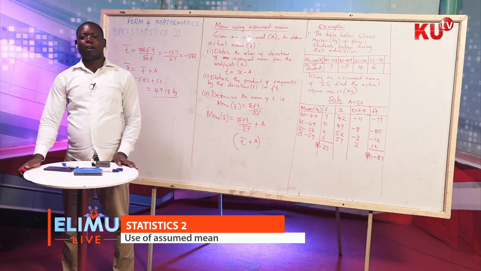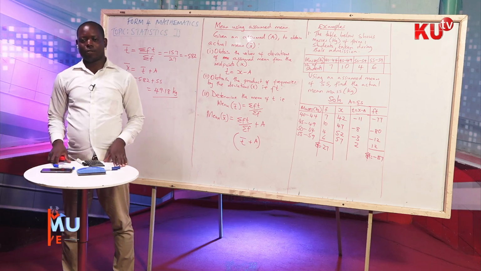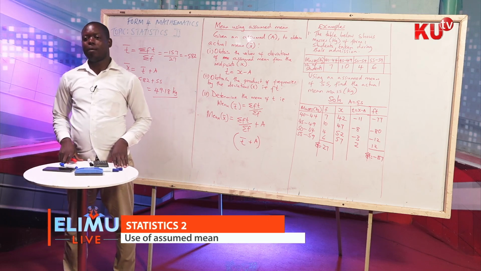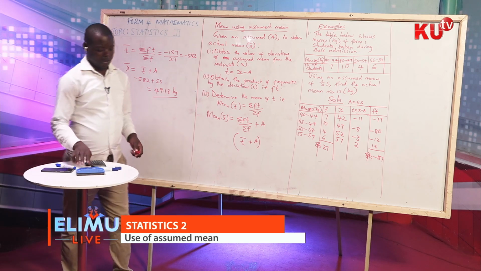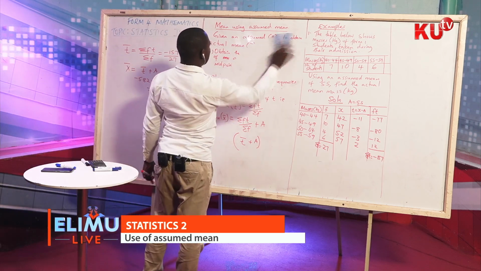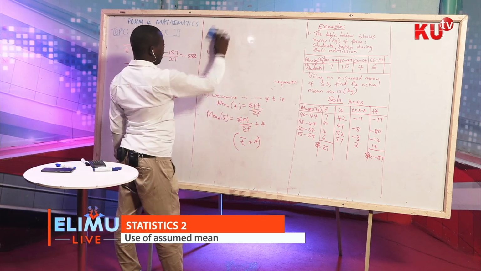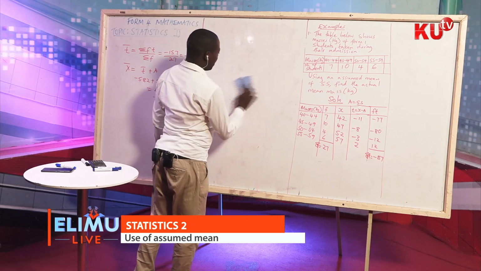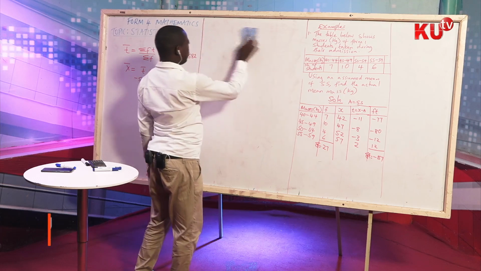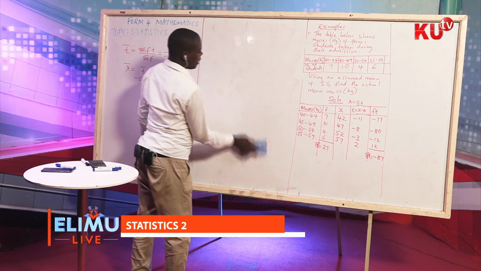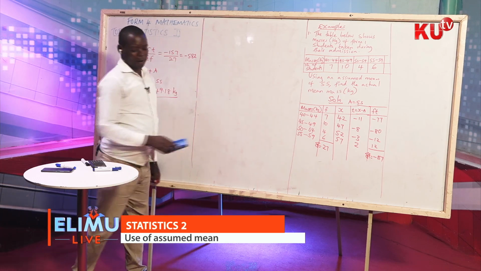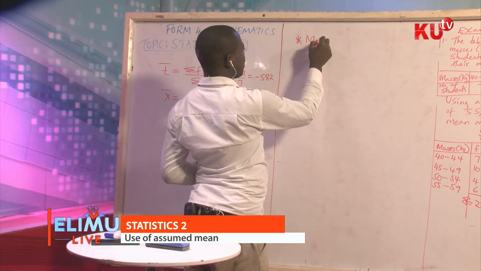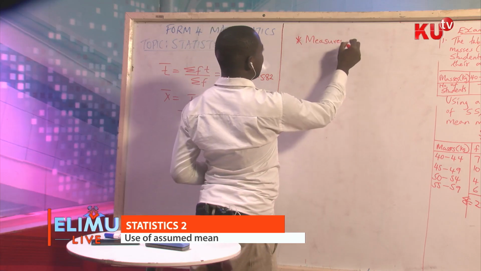Therefore, students, for our lesson today, we have discussed 3 important items. These items have been under the topic we call statistics 2, but we derived everything from statistics 1 by discussing first the measures of central tendency.